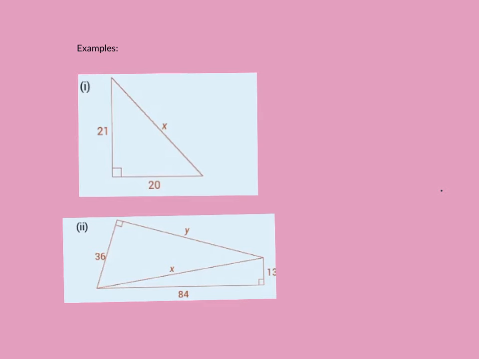So just as a bit of a recap, what I want you to do now is pause the video and have a go at finding x in this triangle here. So x, we can see, is the side opposite the right angle, so we know that that's the hypotenuse, so that might help. And in this question here you have two triangles, so you're going to have to start off by finding x and use the information from this triangle here.